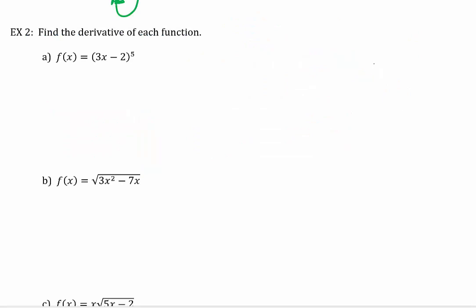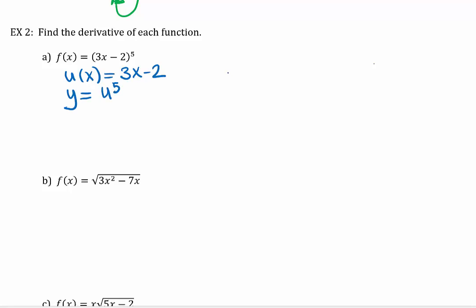If f of x is 3x minus 2 to the fifth, I would say that my inside function, my u, is the thing inside the parentheses, 3x minus 2. Then my outside function, which I'm going to call y, can be written as u to the fifth.